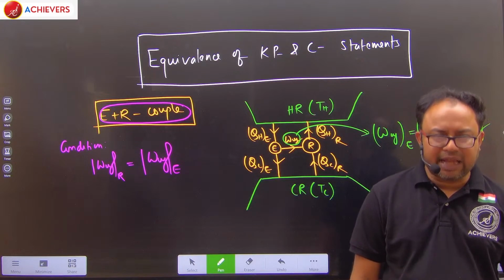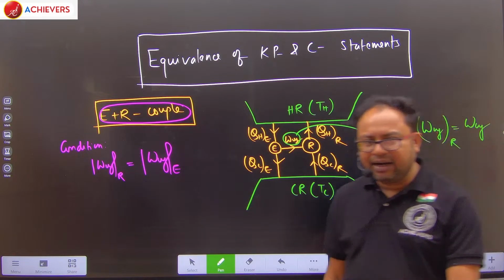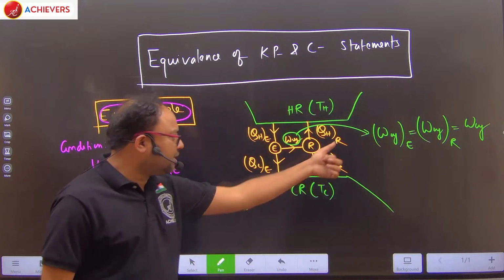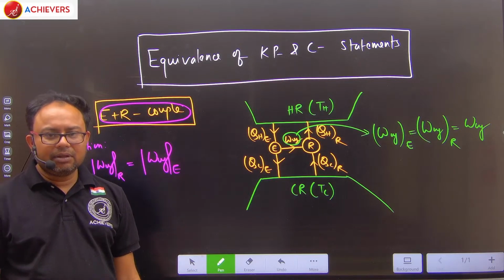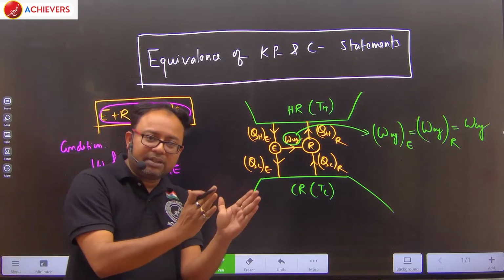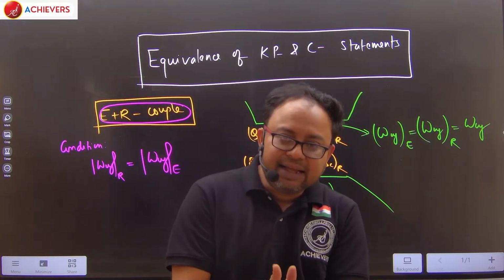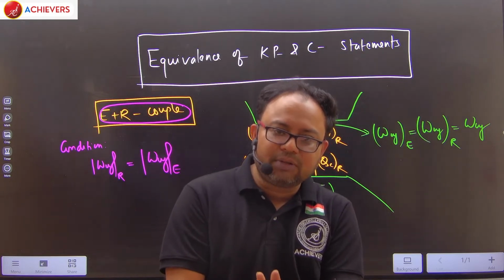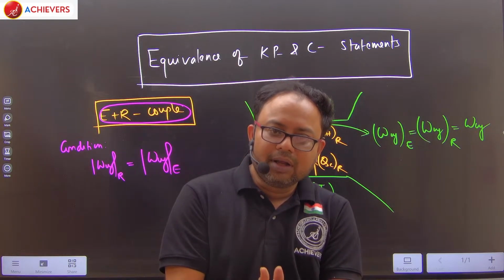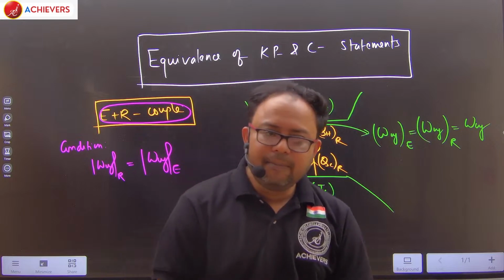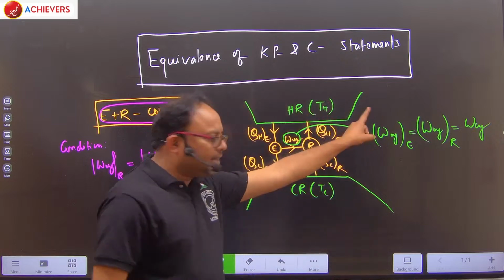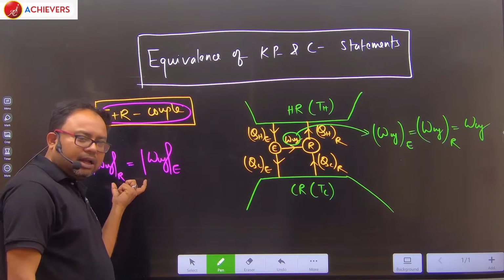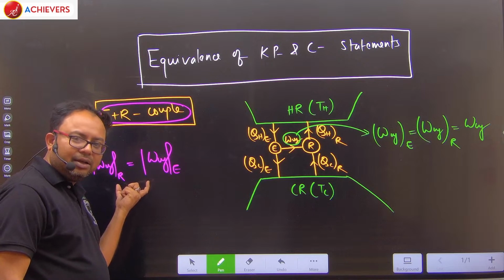The magnitude of the cyclic work done by the engine is exactly equal to the magnitude of the cyclic work done on the refrigerator, and that is W cyclic.